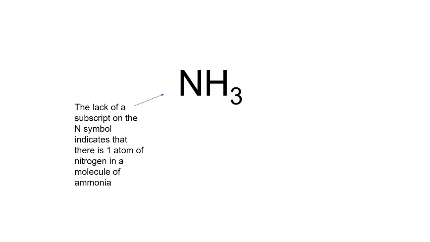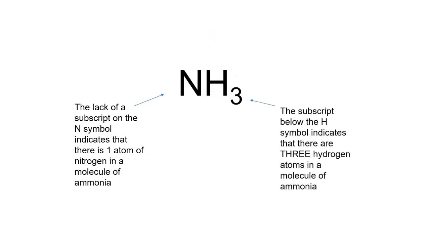It lacks the subscript on the N symbol, and that indicates that there's one atom of nitrogen in your molecule of ammonia. Now, the hydrogen, on the other hand, has a subscript of 3 below the symbol. That means that there are 3 hydrogen atoms in a molecule of ammonia.